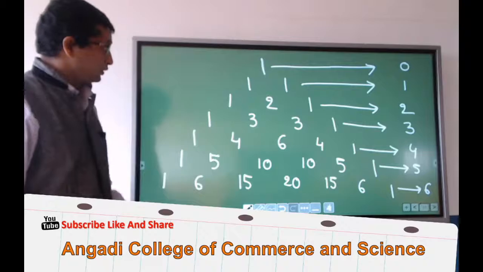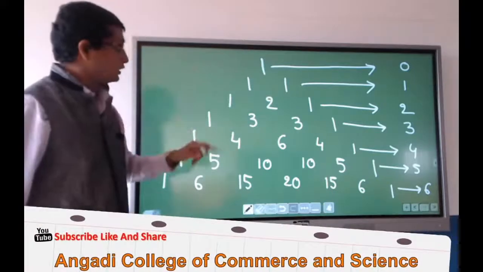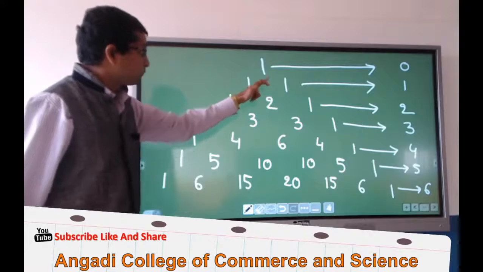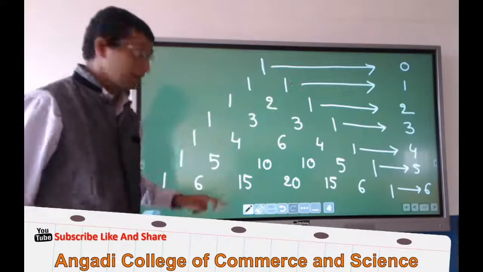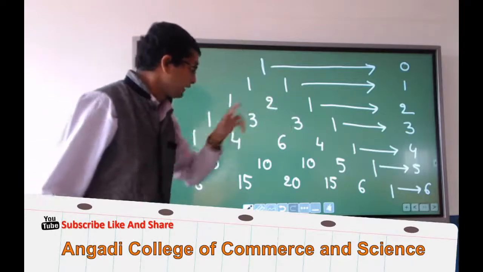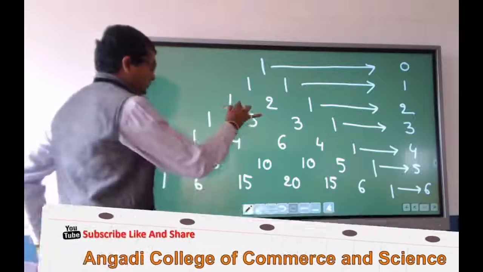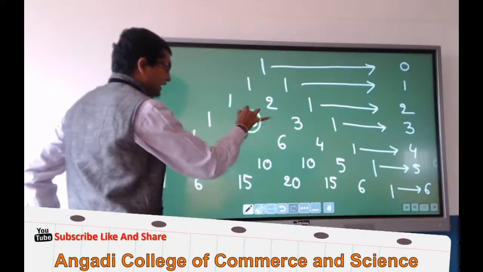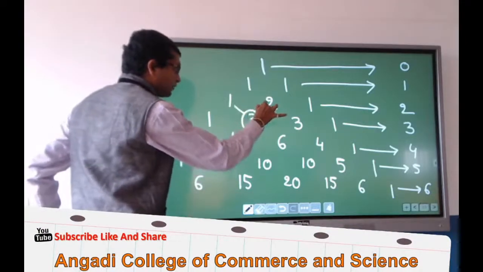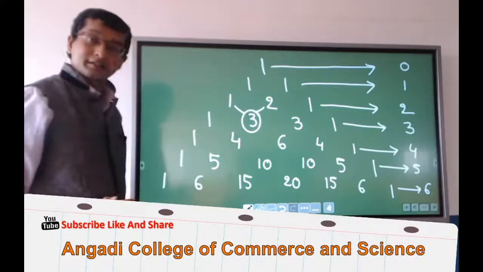Once again, go through it. 1. Next I write 1 1. 1 continue. Next 1 plus 1 is 2. Next it is 1 1. 1 plus 2 is 3. 2 plus 1 is 3, then 1. Like that, go on adding. This will be the addition of the previous two numbers, which are towards the left as well as the right.